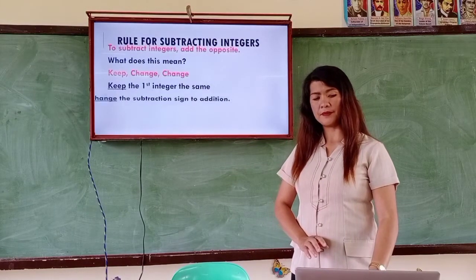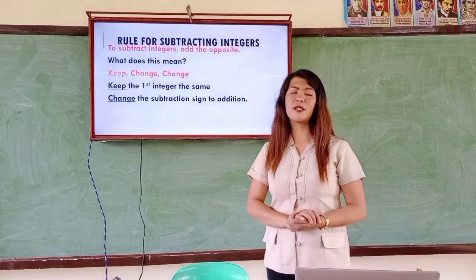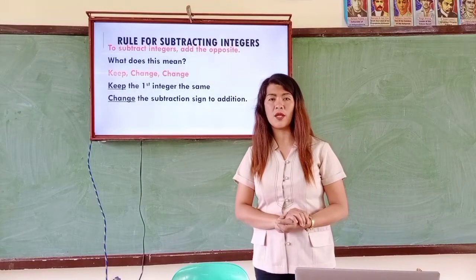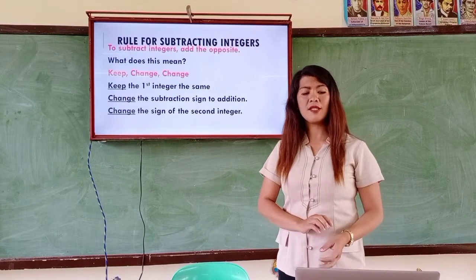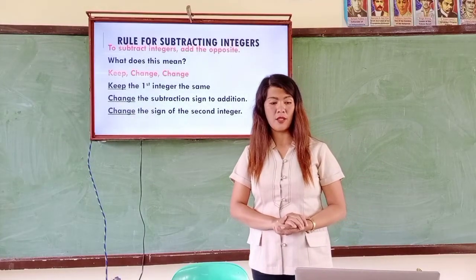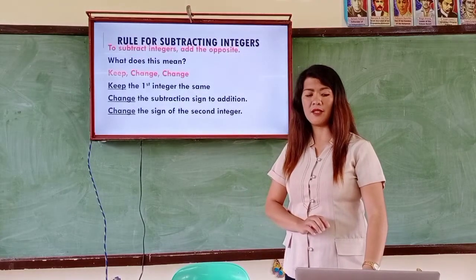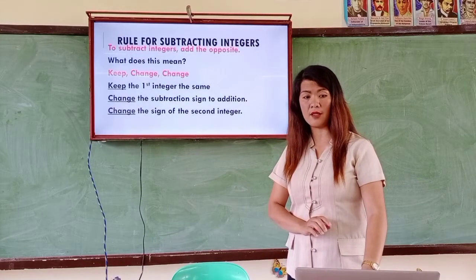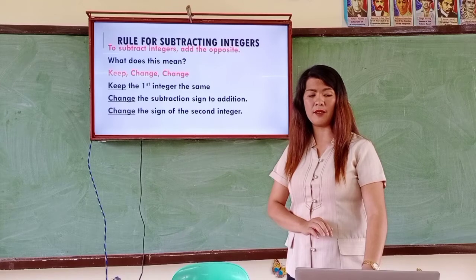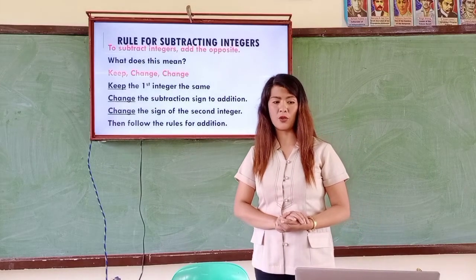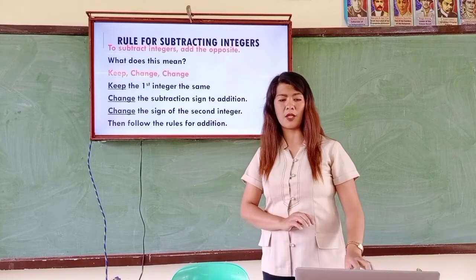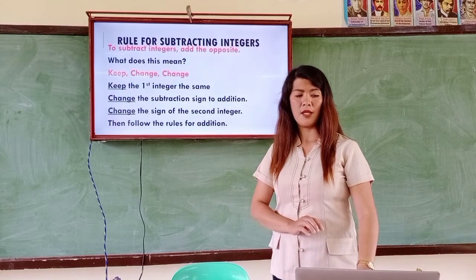And then change the subtraction sign to addition. Then change the sign of the second integer. If it is positive, change it to negative. If it is negative, change it to positive. And then follow the rules for addition. So that is the rule for subtracting integers.